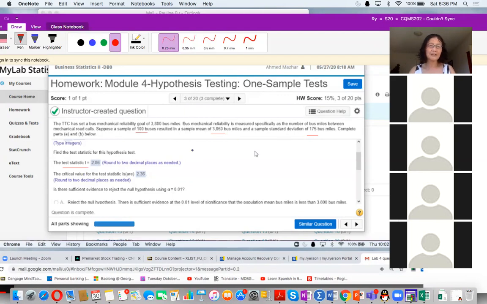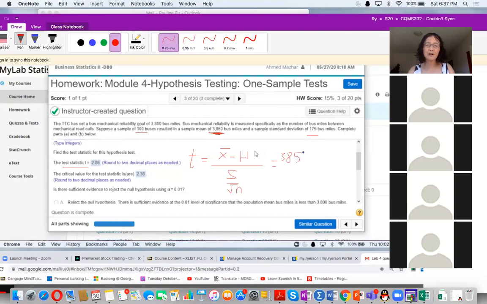Okay. So the test statistic t equal to sample mean minus population mean mu divided by sample standard deviation over square root of sample size. And in this question, sample mean is 3,850.